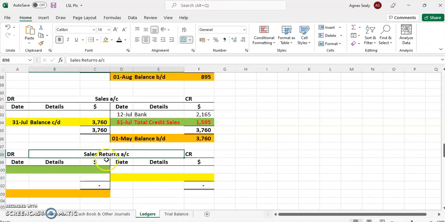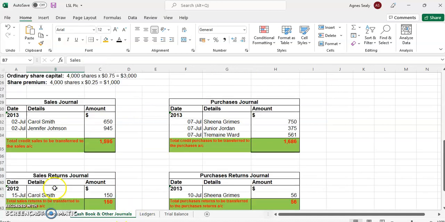So then we look at our sales return. We're now on to the journals to pick up totals. In our sales return journal, there is a total of 150. Remember, if we have several returns, you will have all of those people listed there. The individual amounts will go to the individual T accounts, but the total will be transferred to the sales return account.